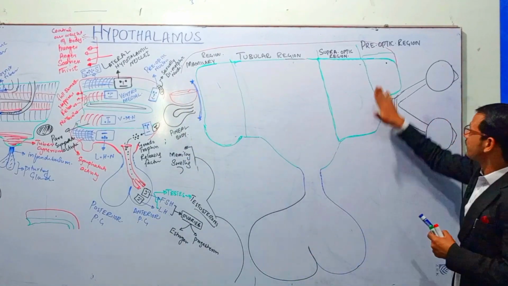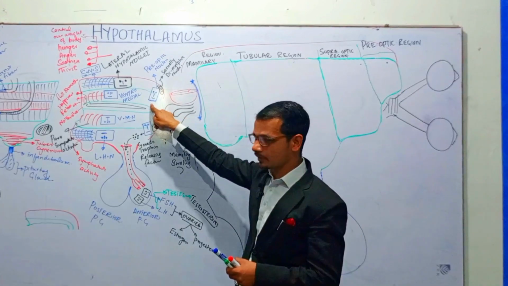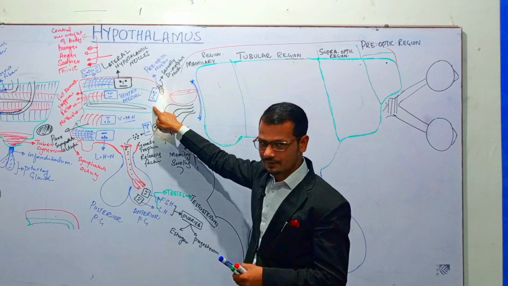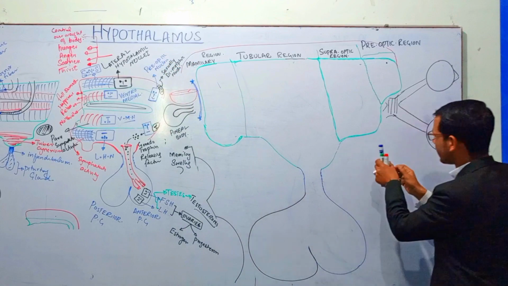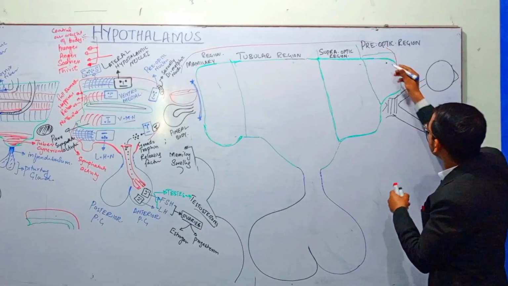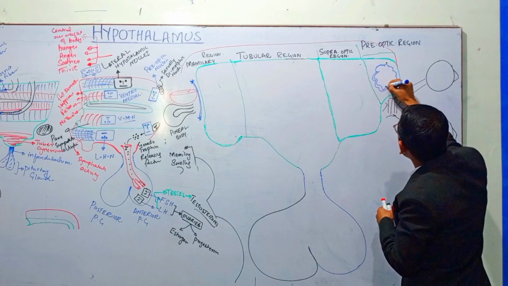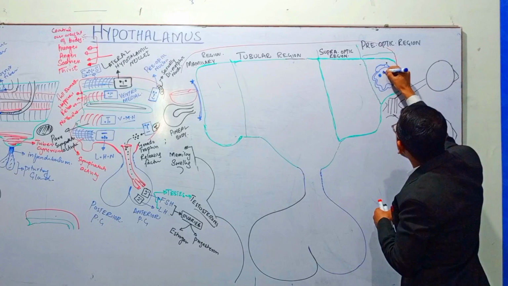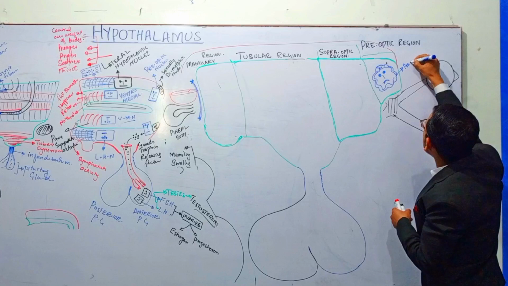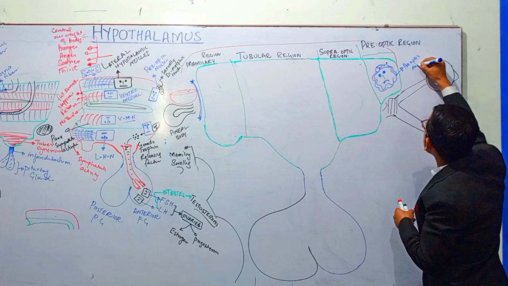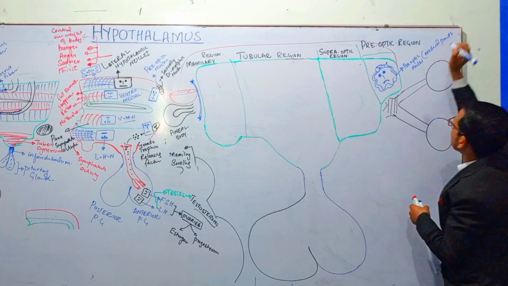Right? The first region is here, and as I have told you, of the preoptic nuclei one portion is present in the medial side and this portion is present in the lateral side. So for example, here we have a nucleus, which is called the preoptic nuclei, but this is the medial part of the preoptic nuclei.